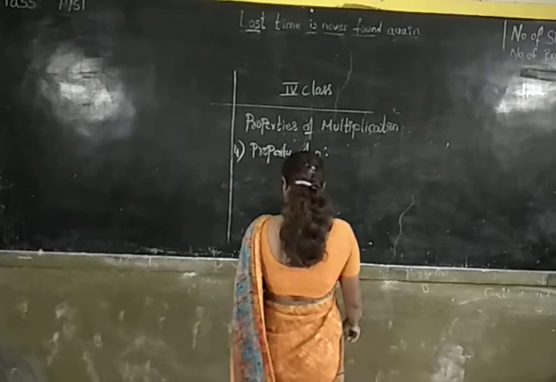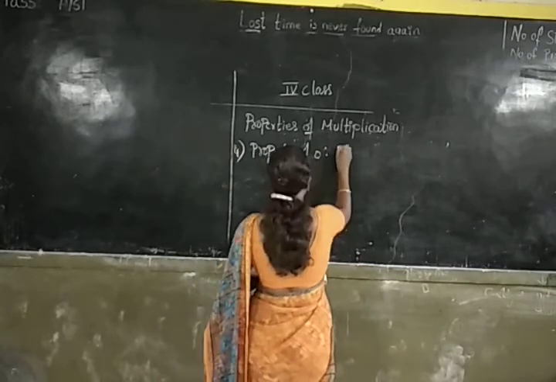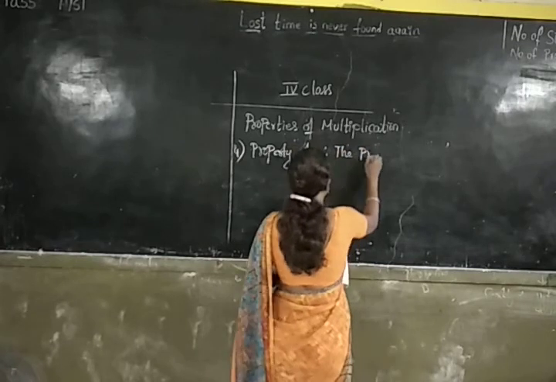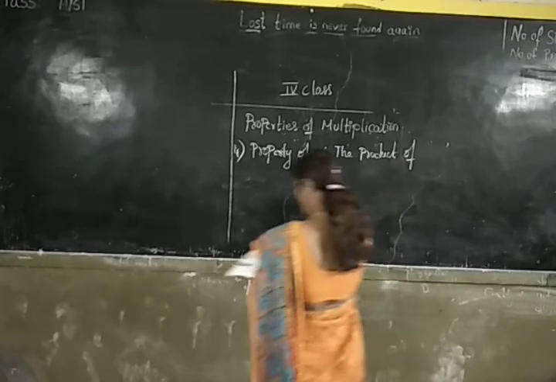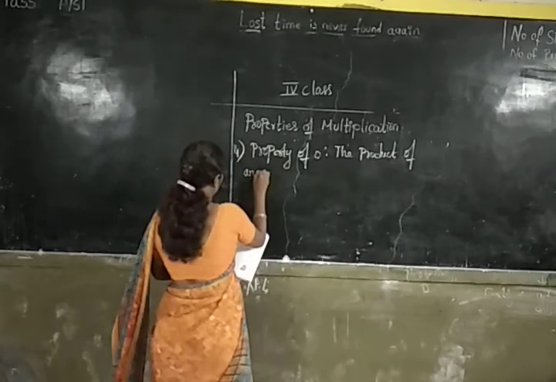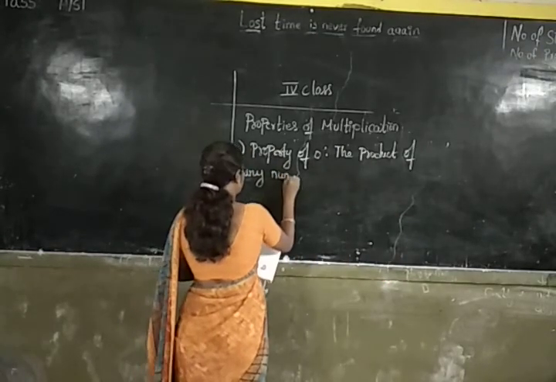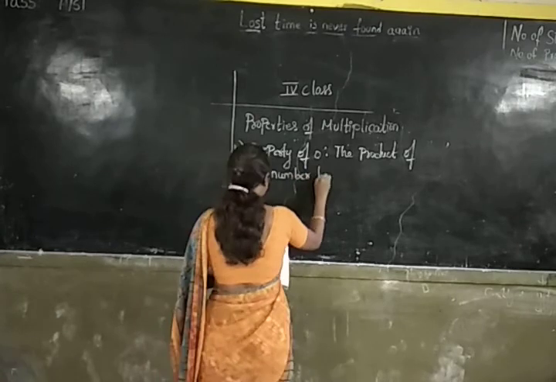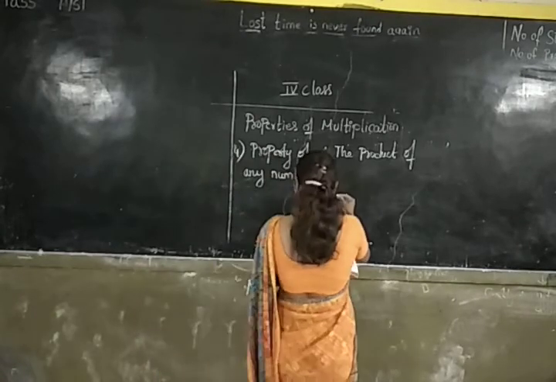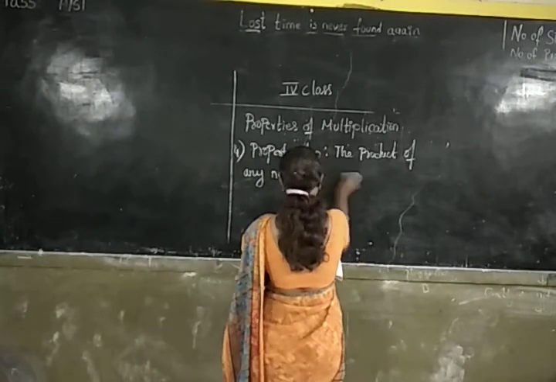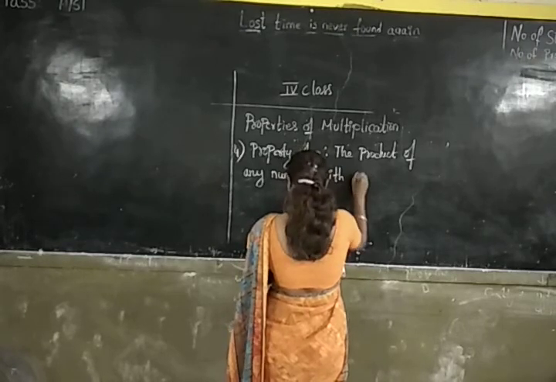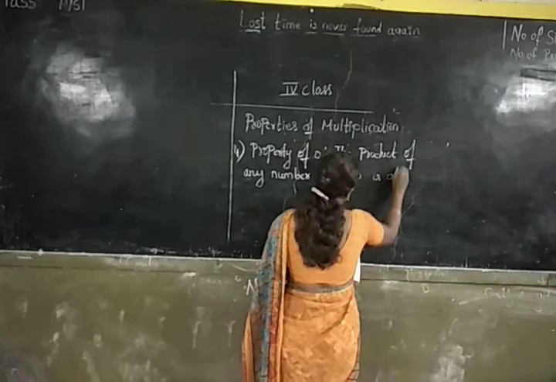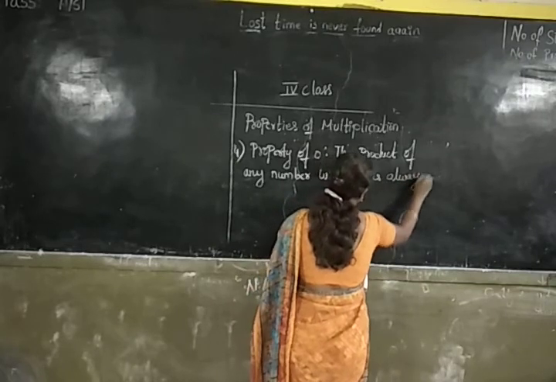According to this property, the product of any number with 0 is always 0.